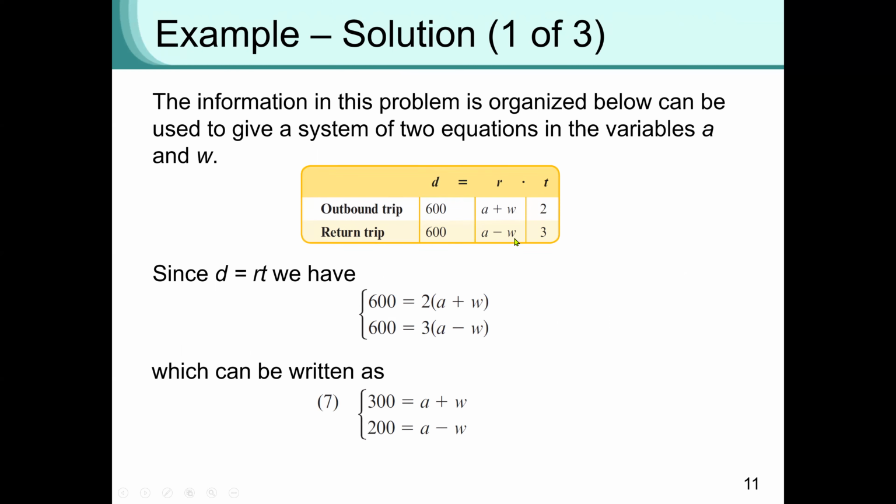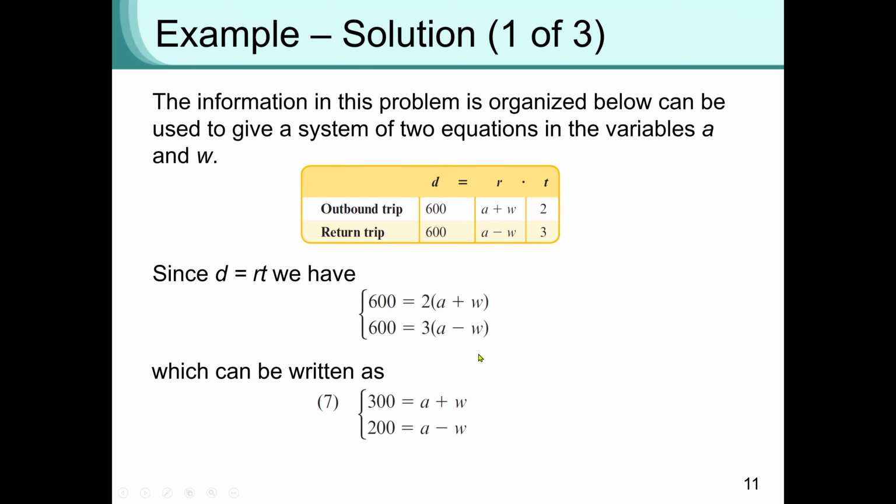So A minus W, but it took 3 hours. So here you can see that we have our equation. 600, which is the original distance for both of them, 600 miles, is 2 times A plus W when we are going the same direction. Opposite direction with the plane and the wind is 3 hours. So it's 3 times A minus W, which is right here.